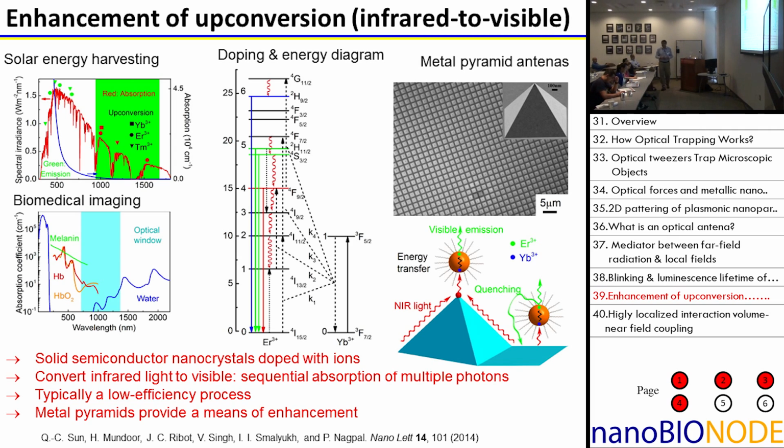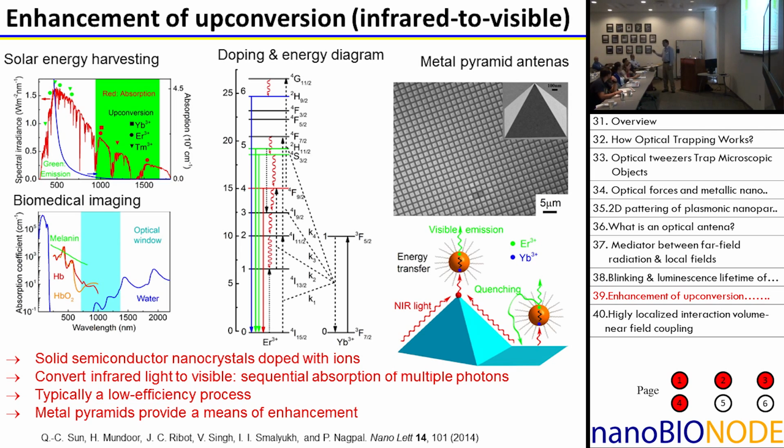Now, another example I want to discuss with you is how we can enhance upconversion of light, in a sense, conversion of infrared light to visible. Again, this enhancement can be provided by plasmonic nanoparticles because of the antenna-like capabilities, right?